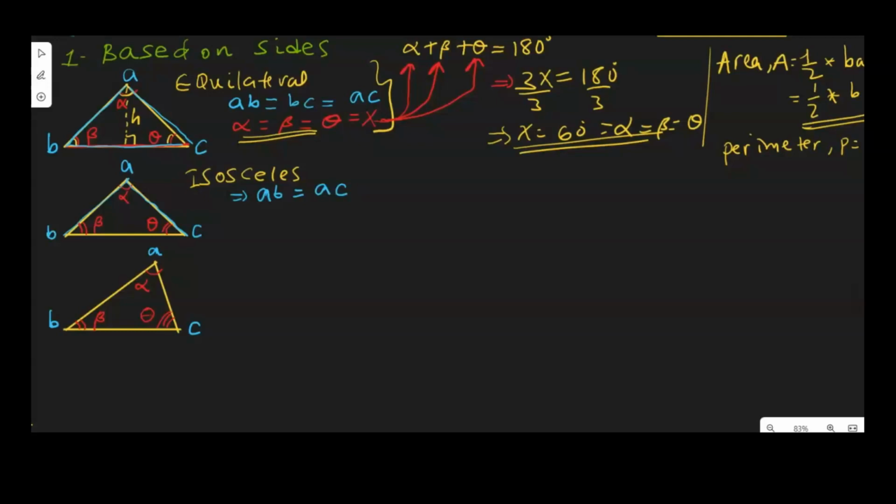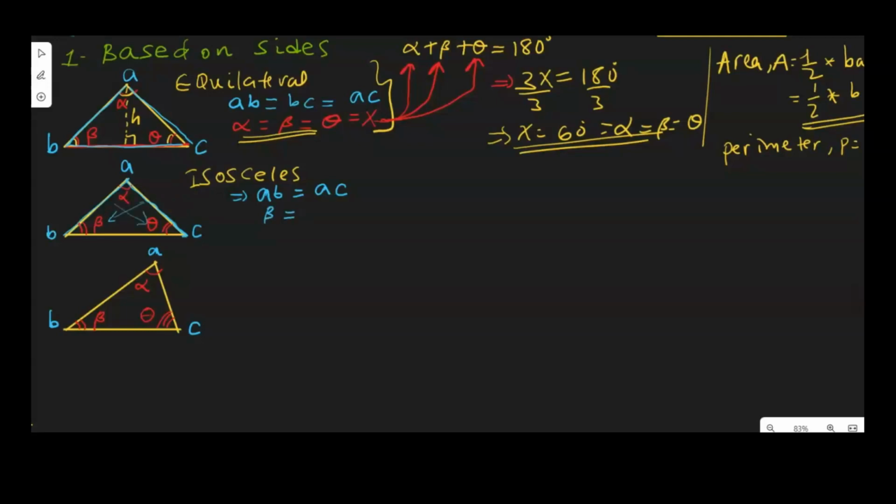What is the second property of an isosceles triangle? Well, if these two sides are equal, the opposite angles to these sides must also be equal. Alright, what's the opposite angle of side AC? The opposite angle of side AC is beta. That means beta must be equal to theta, the opposite angle of AB.